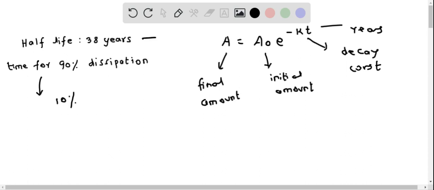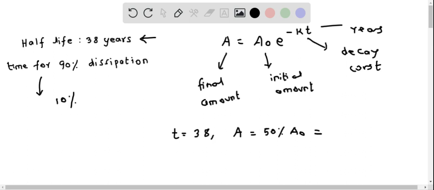First, I'm going to use this information, that is half-life is 38 years. And this means we can say that after 38 years, that is when t equals 38, the final amount of the decayed substance is 50%. So you can say that A equals 50% of the original amount, that is A naught.